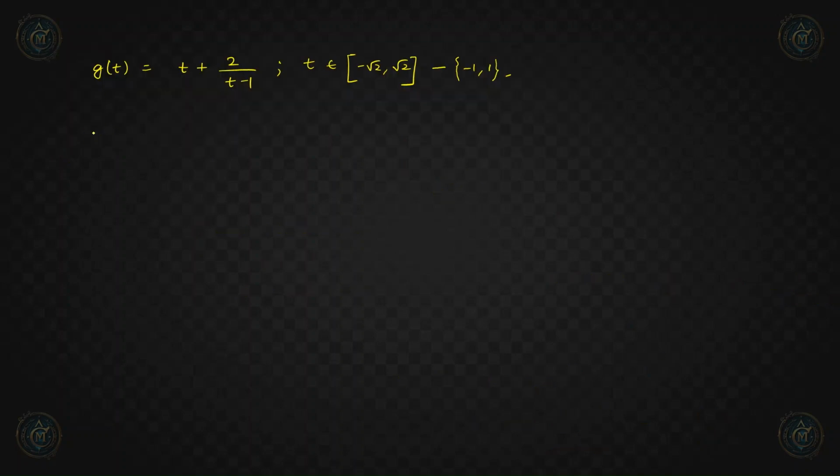Now we have to minimize the function h of t. Let's say h of t is mod of gt. So we have to find the minimum value of this function. Okay. Now this function will be simply, if we write the definition, g of t if g of t is greater than 0, right? So we can check the sign of this gt here. Let's check. Gt becomes t square minus t plus 2 divided by t minus 1, right?